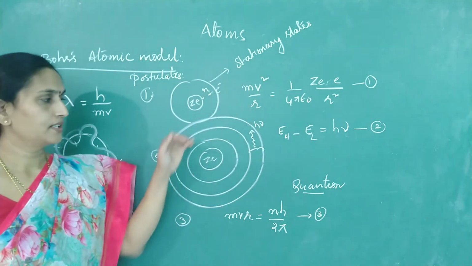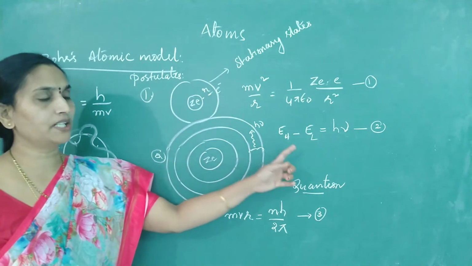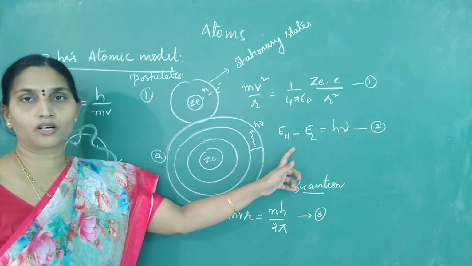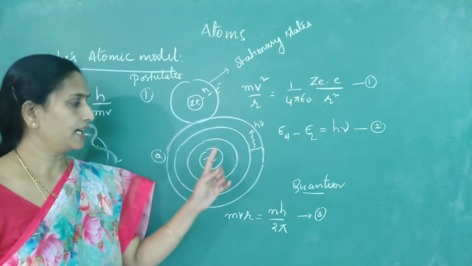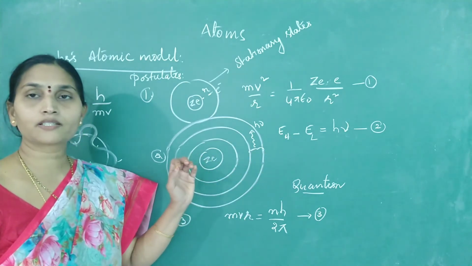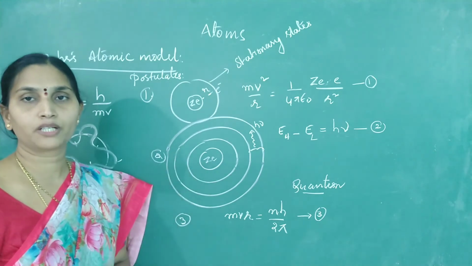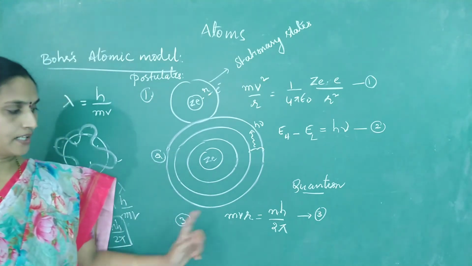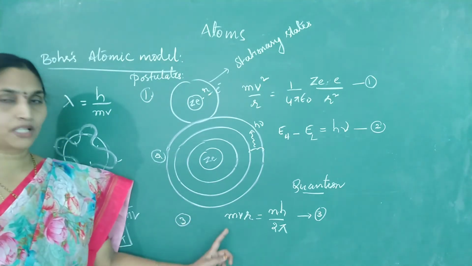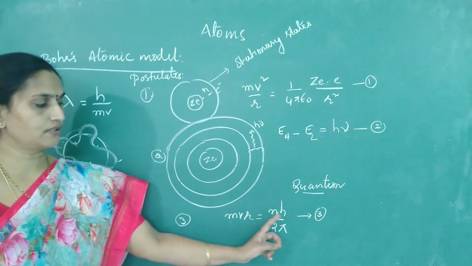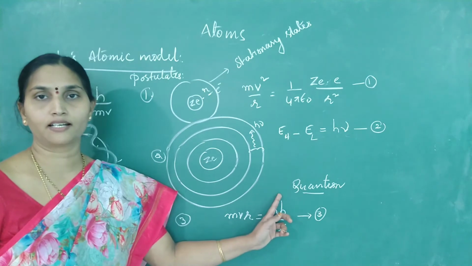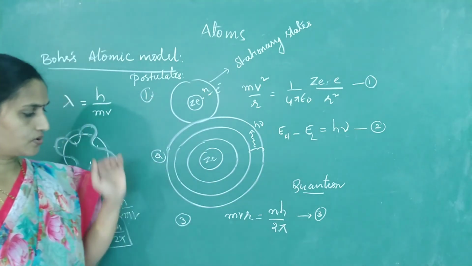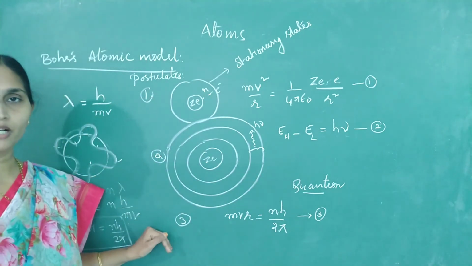Whenever an electron jumps from a higher to a lower orbit, it releases energy in the form of photons, which is a discontinuous release of energy, and it can absorb energy only if it is sufficient to make it jump from one orbit to another. Then the angular momentum of an electron in an orbit is quantized: mvr is equal to nh by 2 pi. We call this Bohr's quantization condition. So these are the three postulates of Bohr's atomic model.